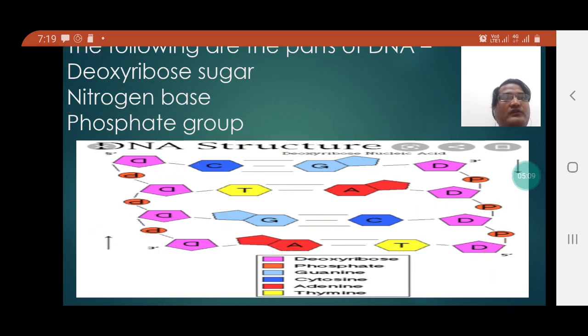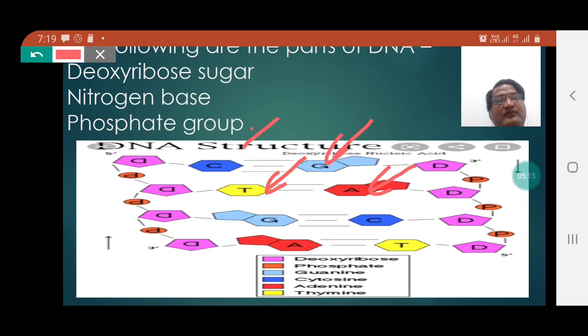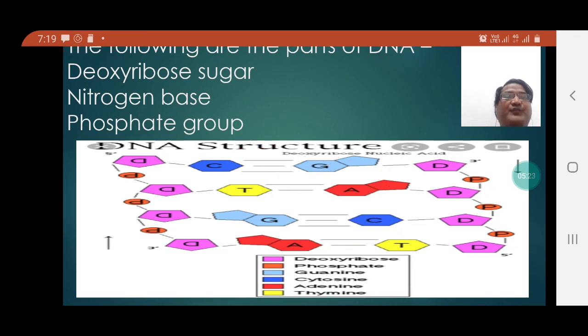Students, all these A, T, G and C we can clearly find in the diagram of the DNA. Now students, the third most important part of the DNA is the phosphate group.